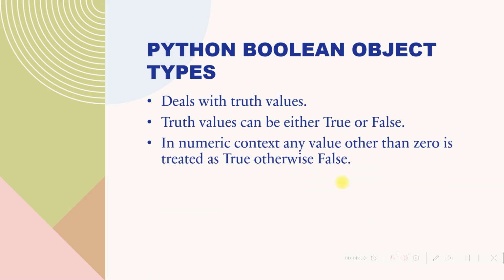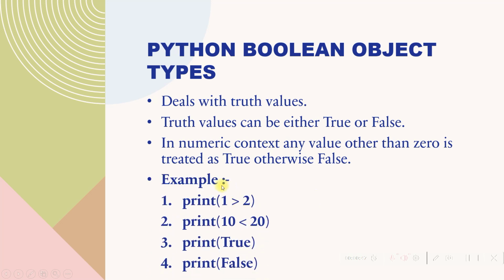And if I talk about the numeric context, any value other than 0 is treated as true. And if the value is equal to 0, then we treat it as false. So these are some examples of the Boolean object types.